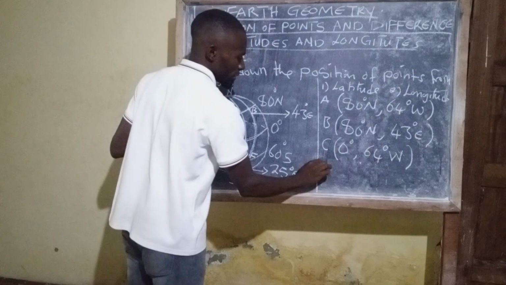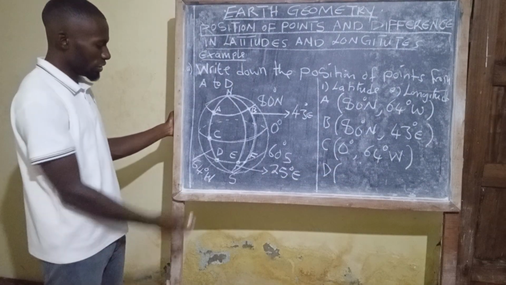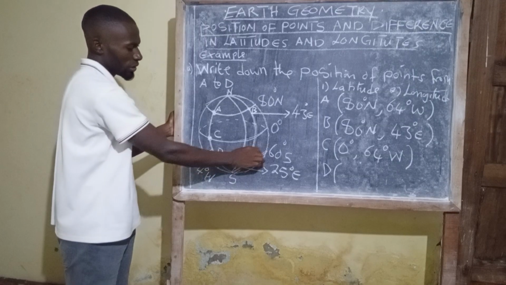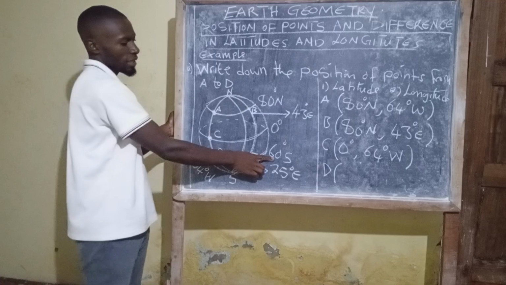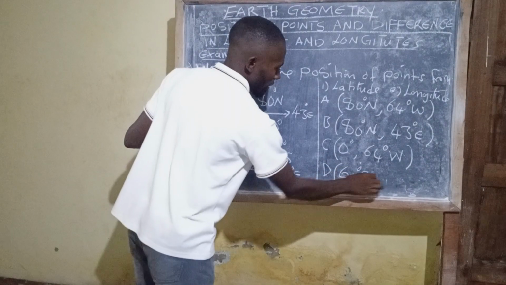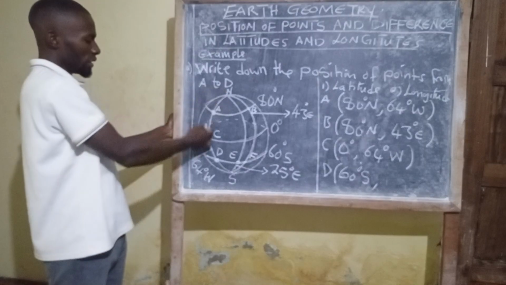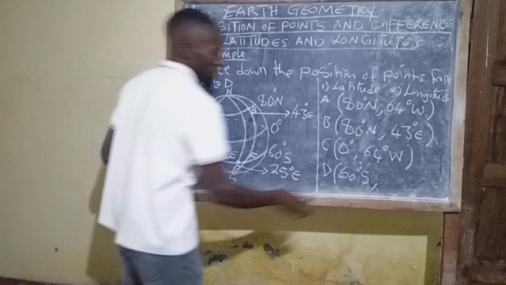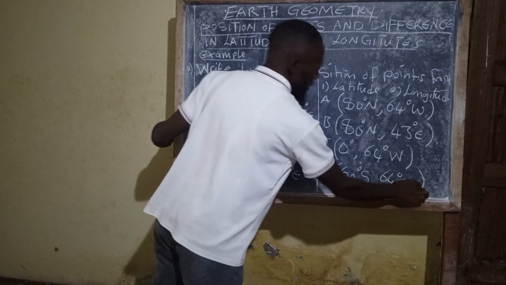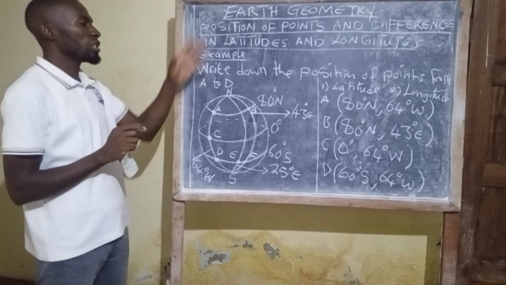Then lastly, position D. This is position D. It is lying in which latitude? 60 degrees south. We are now in the south. 60 degrees south, comma. Which one is our longitude? It is in this longitude, which is 64 degrees west.